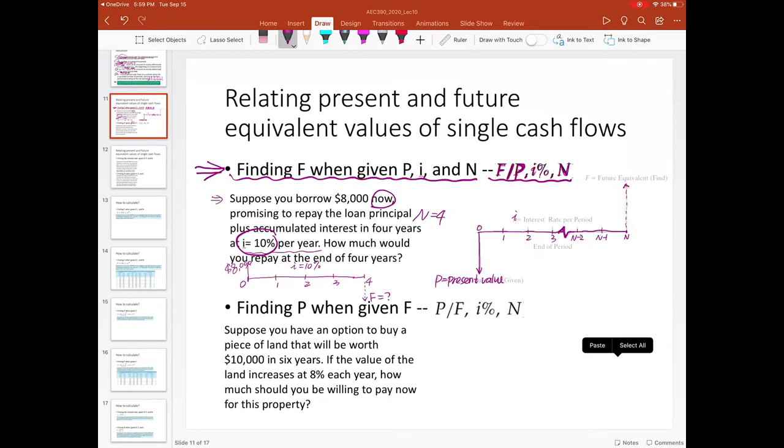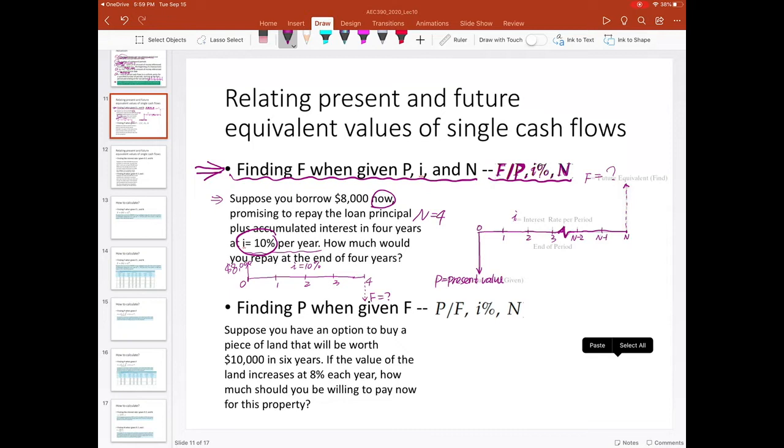So the amount in question will be going upward. Okay, and then you have the F, that's your future equivalent value, and usually it's unknown. So this is just a generic cash flow diagram for such a scenario.